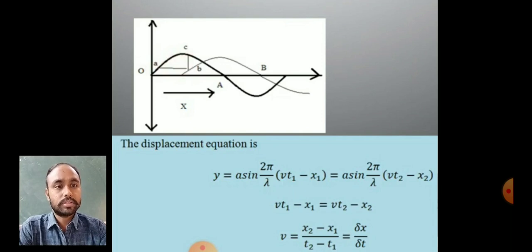These are simple calculations you can do on your paper also. Take the V terms to one side and the x terms to one side. Because of Vt2 minus Vt1, we can take V common. Then V in bracket (t2 minus t1) is equal to x2 minus x1. You have to perform these calculations in your notebook. Some steps are skipped here, but these are small, easy steps you can do.